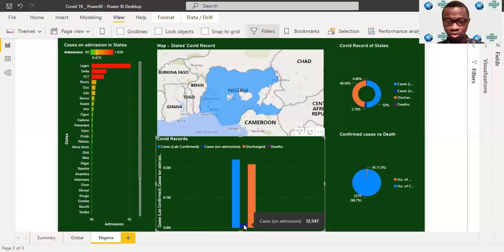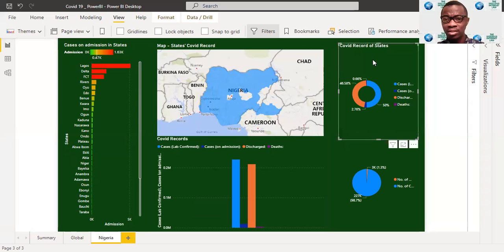Cases on admission, 12,547. Discharged, 211,761. And deaths. So we can see fewer cases of death arising from COVID-19 in Nigeria.